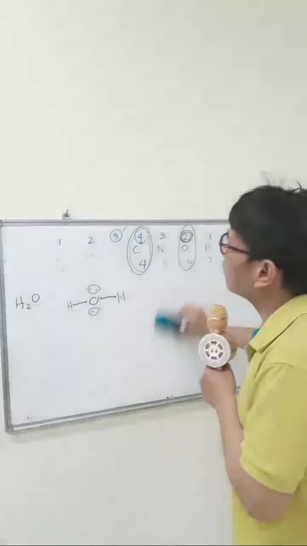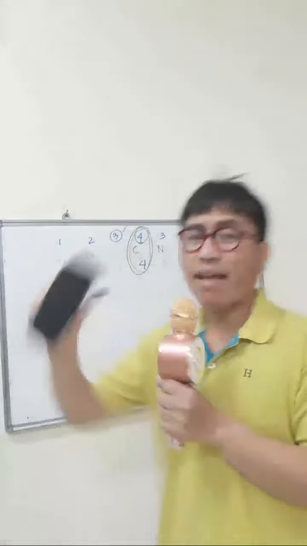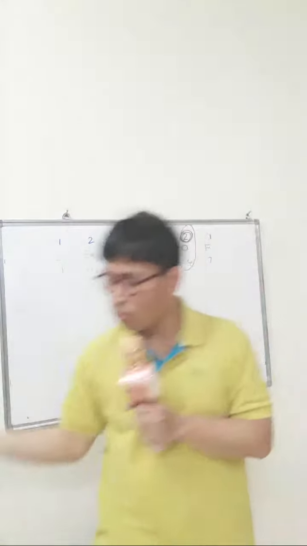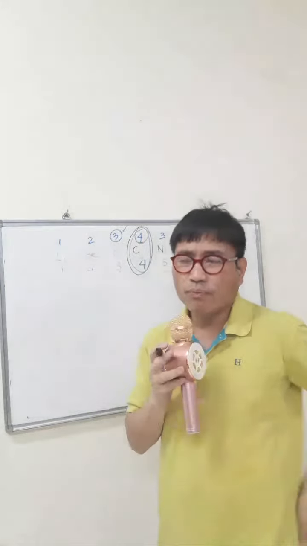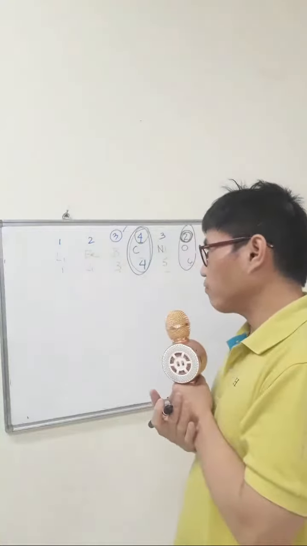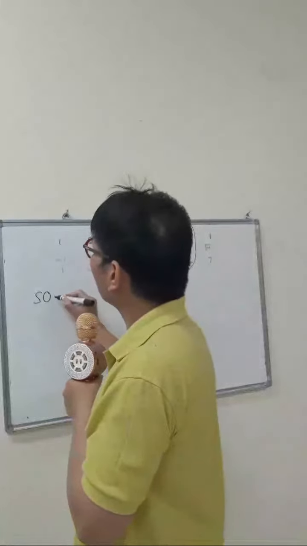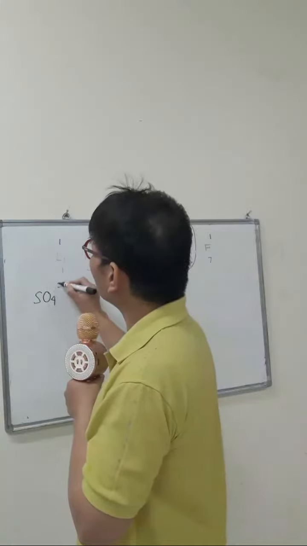Now, let's go to the positive and negative ones, the polyatomic ions. For example, I have sulfate, SO4 negative 2.